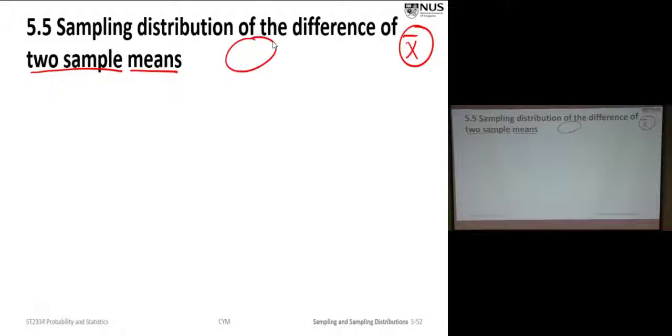We are talking about population 1 and population 2. We take a sample here and a sample here, so we have a sample mean here and a sample mean here. We look at how the difference between these two sample means behaves.